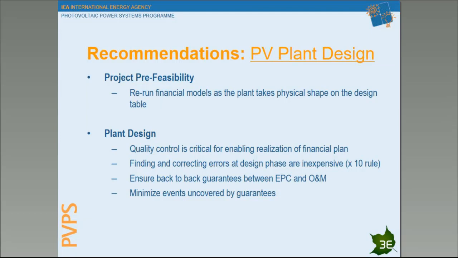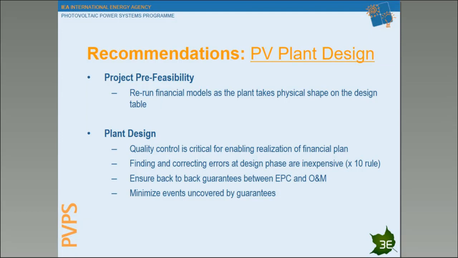We need quality control to ensure that everything that was taken into account in this early stage actually comes true. We stress here the 10 times rule, which basically says that finding and correcting errors at early stages is cheaper compared with later stages, and we touched this point a couple of times during today's class.